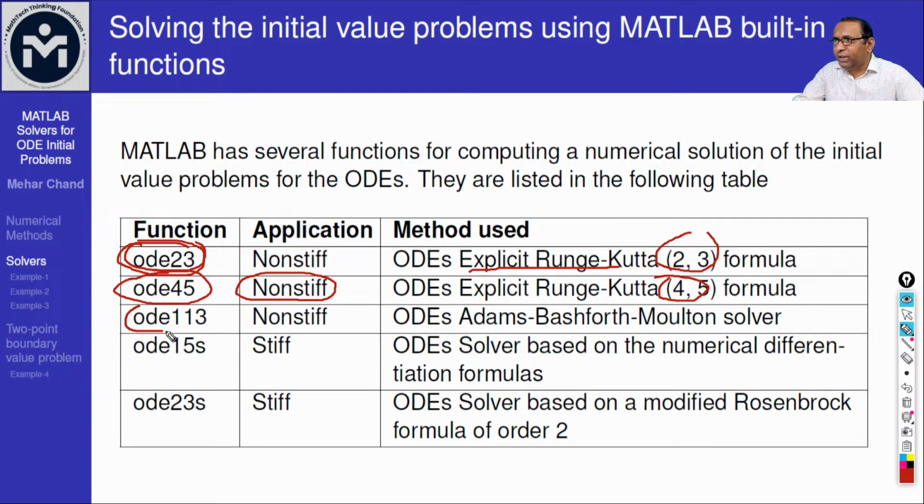Similarly, we have ODE113. This is also used for non-stiff type of differential equations, and this method is based on the Adams-Bashforth-Moulton solver. You can also see this method was used in the last session.